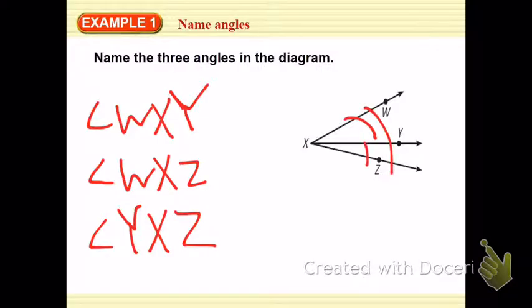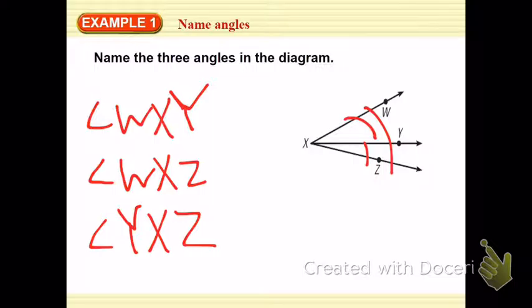Very good. Yes? Is there any chance that you could do ZXW since it can go all the way around? Well, no. You're talking about going this way? Yeah. That's a reflex angle. We're not doing reflex angles. The angles have to be 180 or less that we're going to use. And ZXY wouldn't be the reflex angle. It would be this angle.